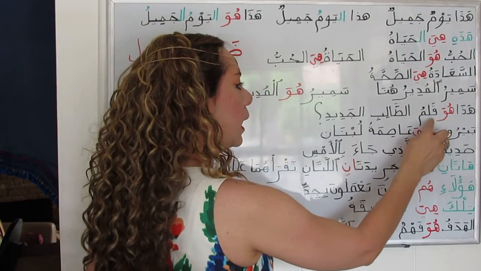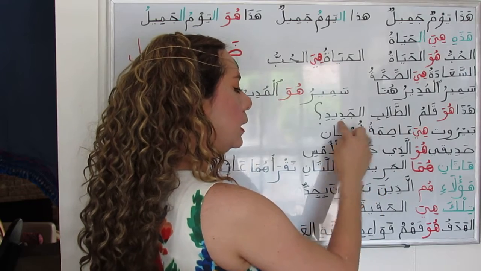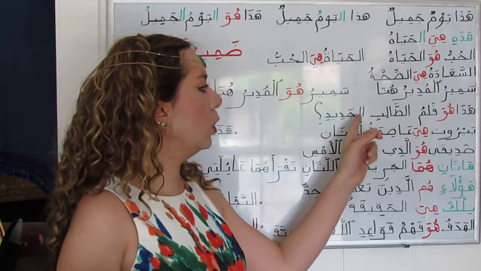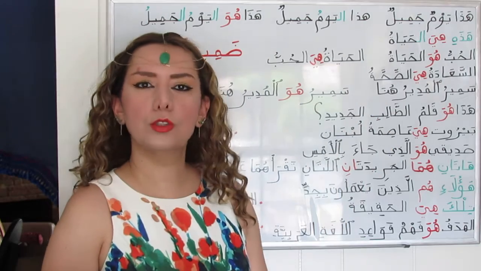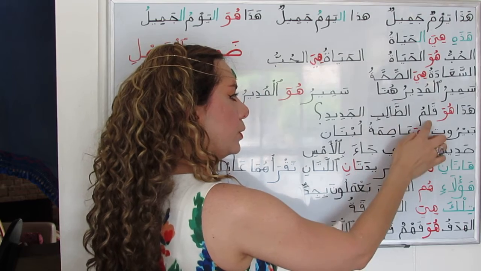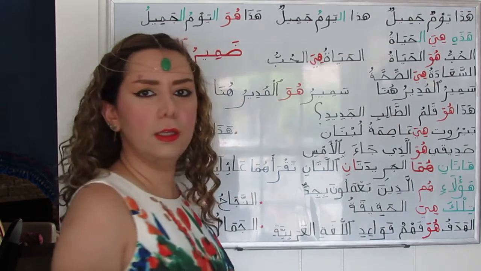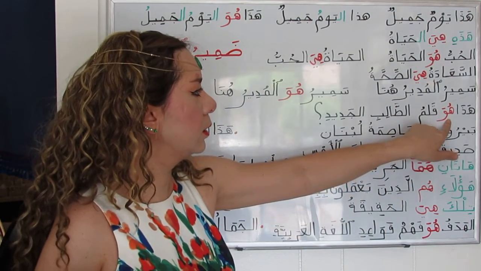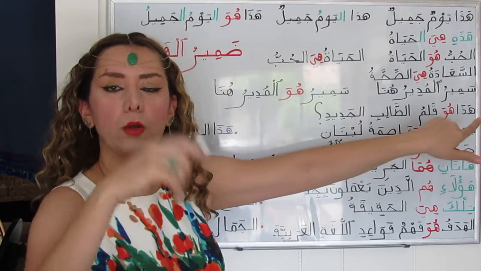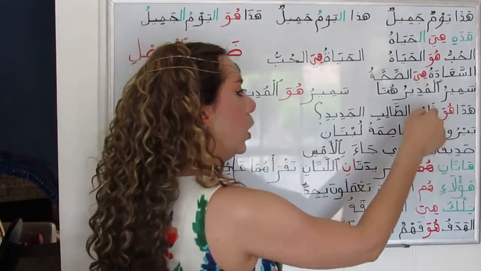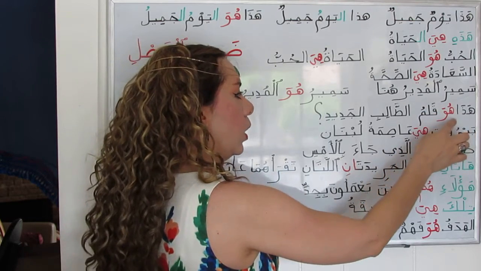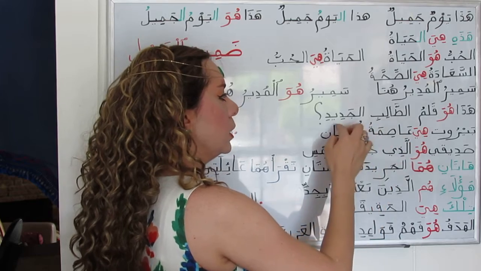هذا قلم الطالب الجديد. This is the pen of the new student. This is an إضافة construction. We don't need to use هو, but it's optional. You may or you may not. هذا هو. It's an emphasis. هذا هو قلم الطالب الجديد.